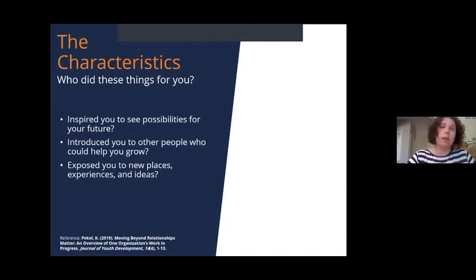That's a big one as well, helping make those connections, especially for kids who may not have connections, especially thinking about higher education or connections to the workforce, people who can help you learn about people who do the kinds of things that you may want to do, expose you to new places, experiences, and ideas. So this characteristic is expanding possibilities.